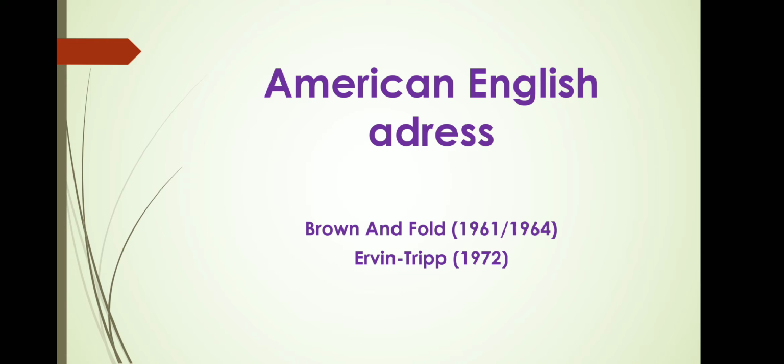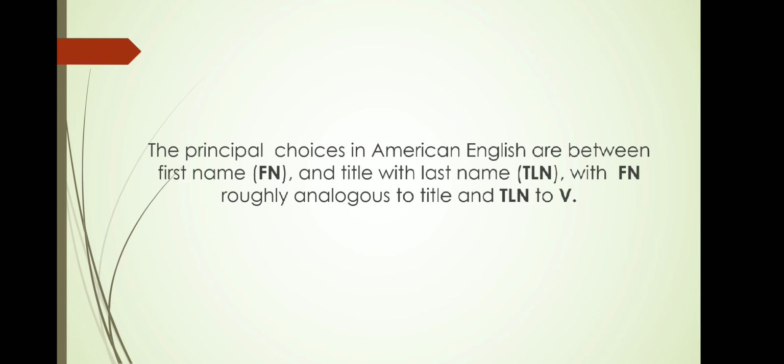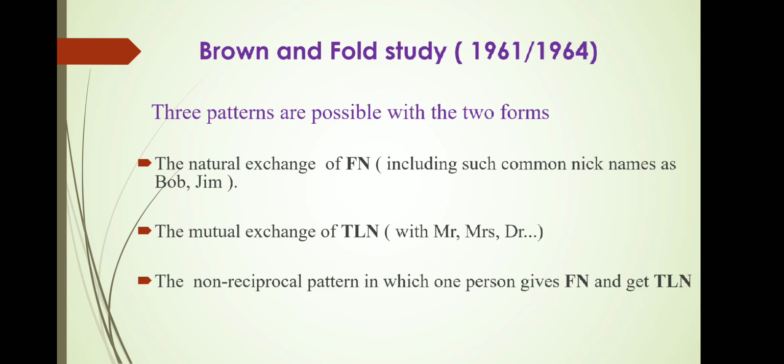In Brown and Ford's study, 1961-1964, they used a variety of data in their investigation of which forces influence this choice. They used literary sources, right? They focused on modern American plays.